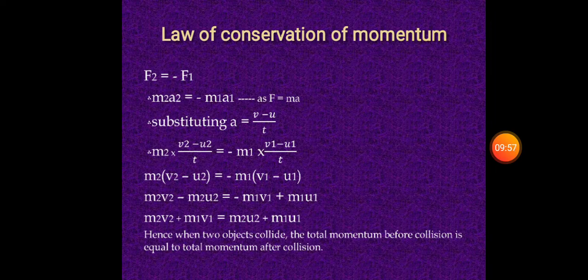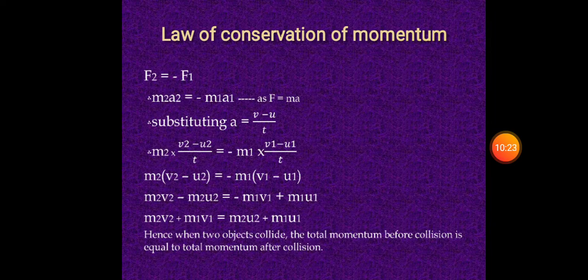As we have seen, F is equal to mass into acceleration. After substituting the value of F, we get m2 a2 is equal to minus m1 a1. We know a is equal to v minus u upon t. We substitute the value of a in the equation.